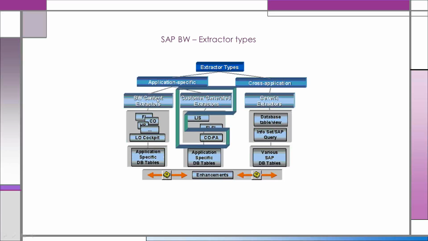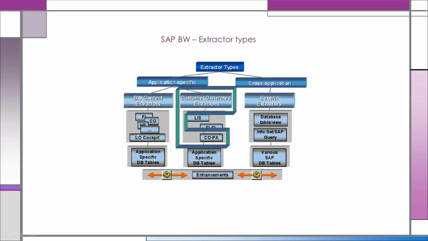Outside of the BW content extractor, there is also something called a customer generated extractor. The example of this is COPA. You might have heard about it: controlling and profitability analysis. This is not one application. It's basically a combination of data from different sources.